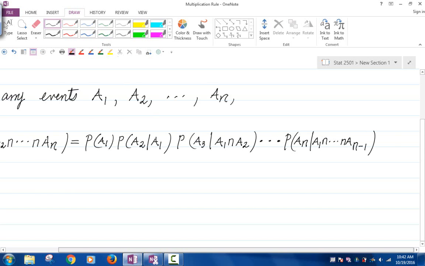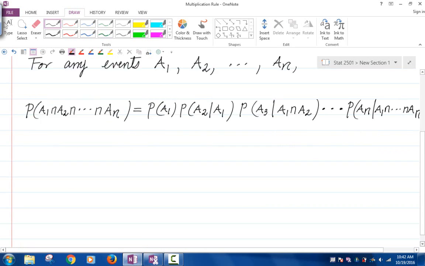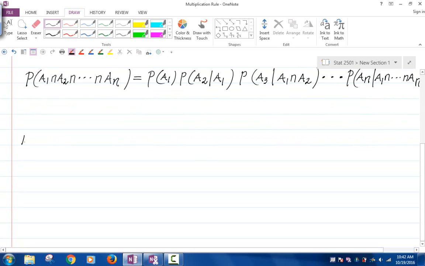Just to illustrate that, as an example, what's the probability of A1 intersected with A2 intersected with A3? Well, you can think of A1 intersect A2 as one event.